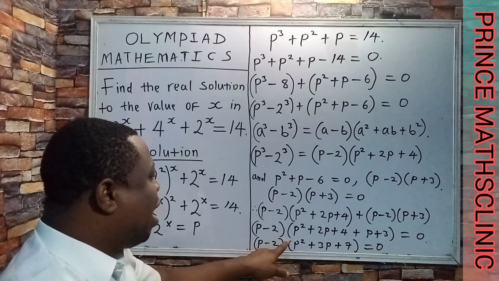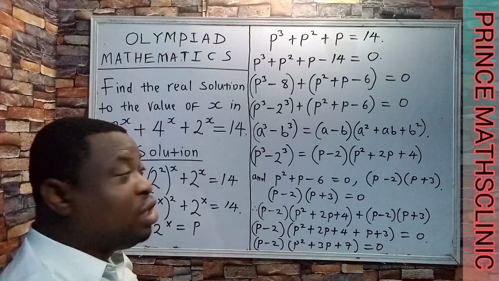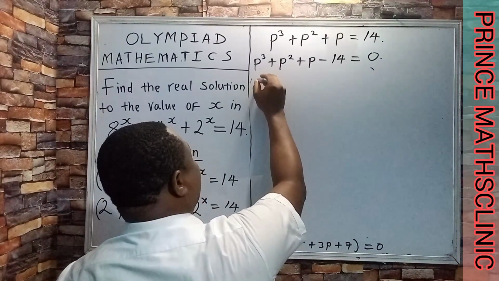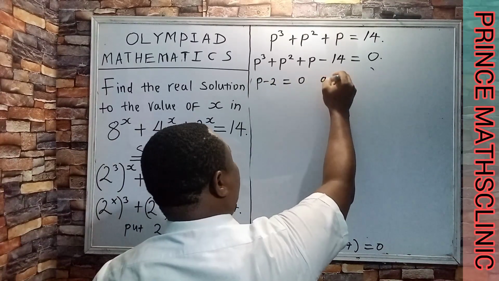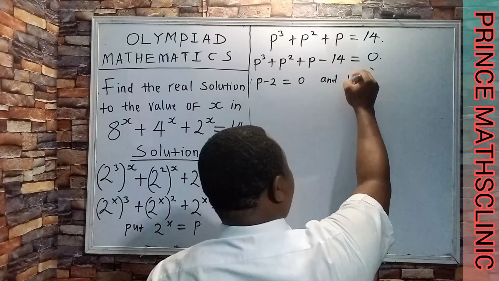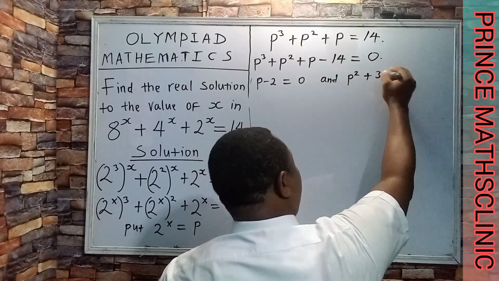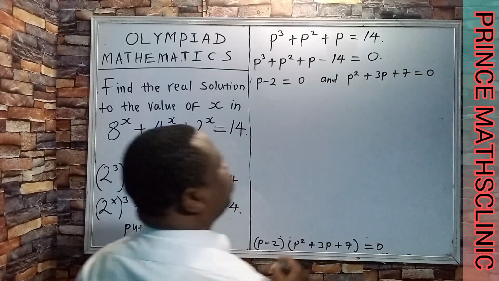Now that we have obtained this, remember, when you have a bracket, it means multiplication. Is it not so? Good. So therefore, we can say that p minus 2 is equal to 0, and p squared plus 3p plus 7 is equal to 0.